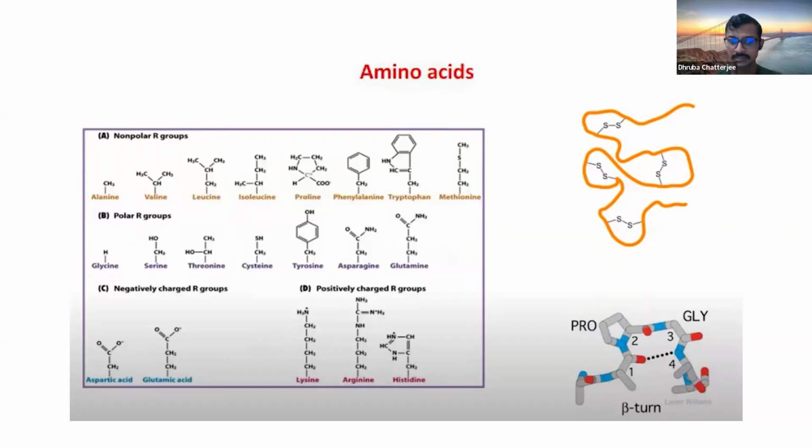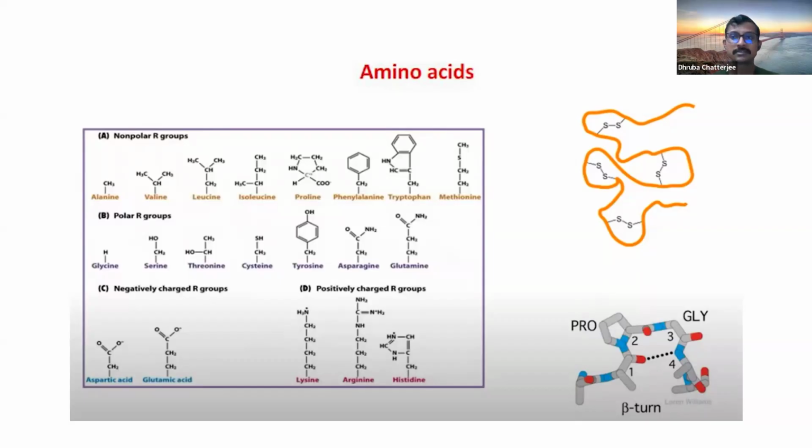So to understand that, first you need to appreciate that there are different kinds of amino acid residues. Some are positively charged amino acid residues like lysine, arginine, also histidine at a certain pH. There are negatively charged amino acid residues like aspartic acid, glutamic acid. There are aromatic amino acid residues, right, which can form these pi-pi interactions and cation-pi interactions, like tryptophan, tyrosine, phenylalanine.